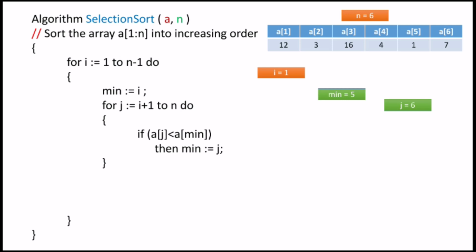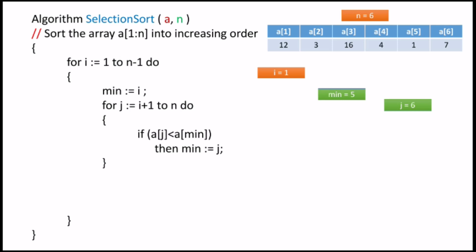So the minimum number's position will remain as it is. After this the j loop will stop executing because the condition becomes false. So now we have got the position of minimum number in the list. The value of min is 5, and that's why on fifth position the minimum number is present.